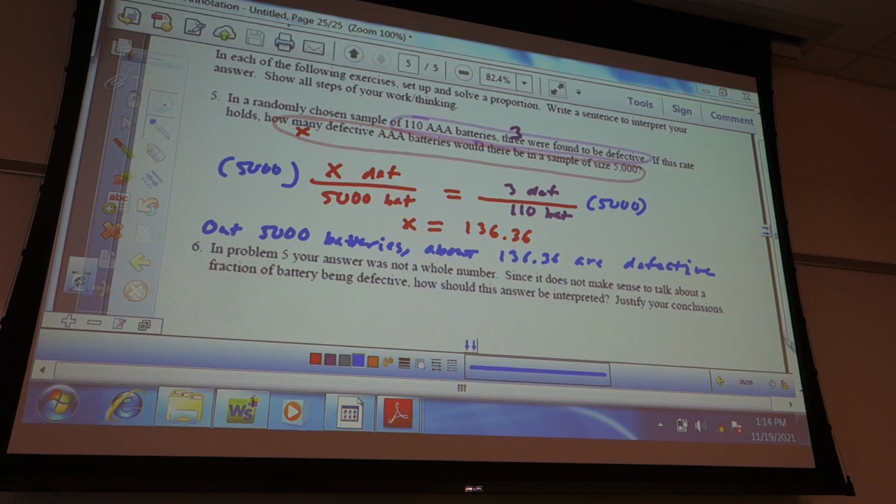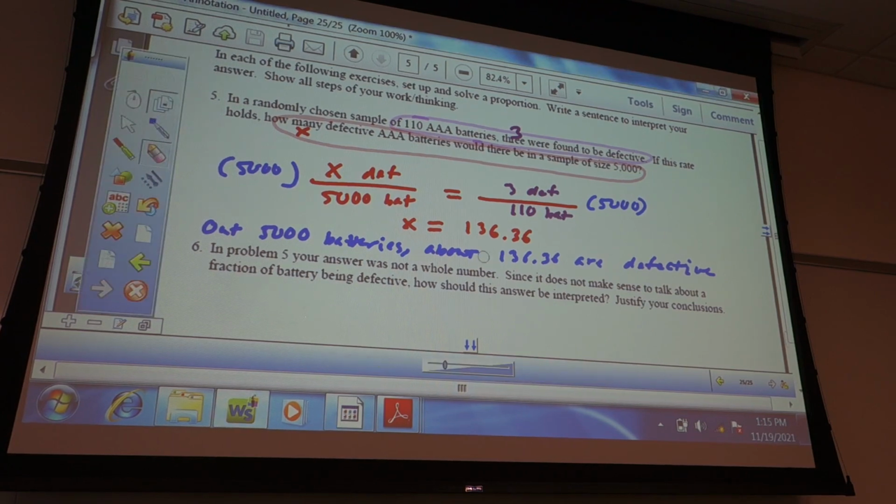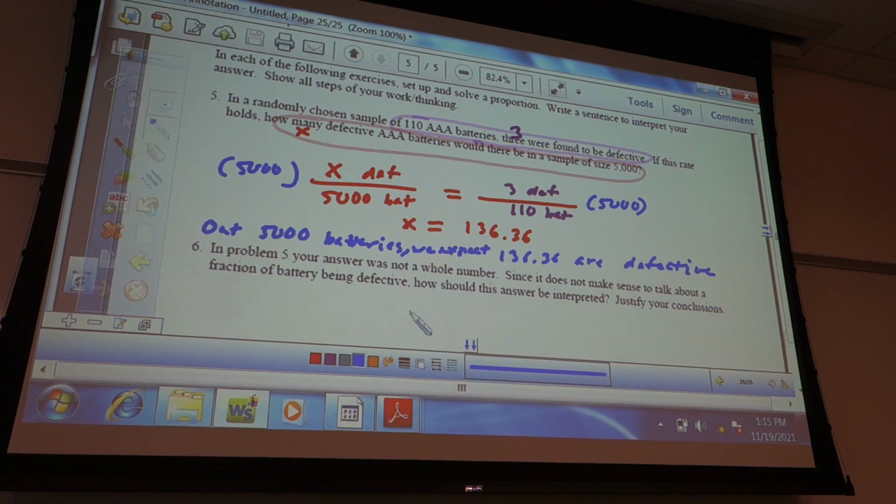So then, that's not a whole number, right? Since it doesn't make sense to talk about a fraction of a battery, I might say we expect that many.